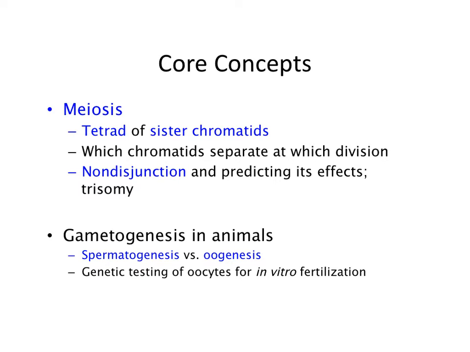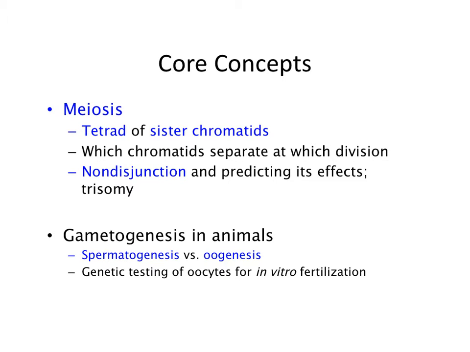Everybody hopefully appreciates this already. But this is where we're heading. These are the 2 main things I'd like you to be able to do by the end of class. I want you to understand why chromosomal non-disjunction happens and predict what its effects are going to be. We'll get into details. And then we're going to have a discussion about in vitro fertilization and genetic testing, which we started at the end of last class.